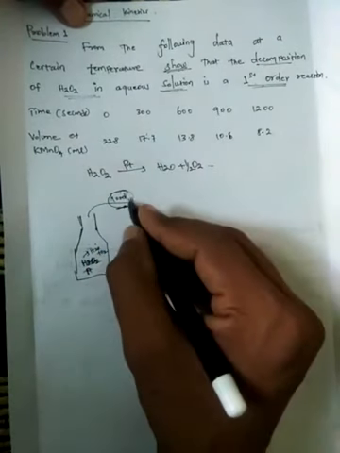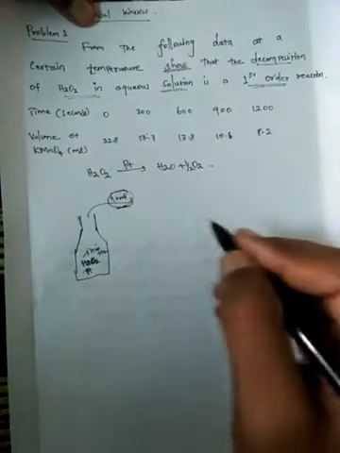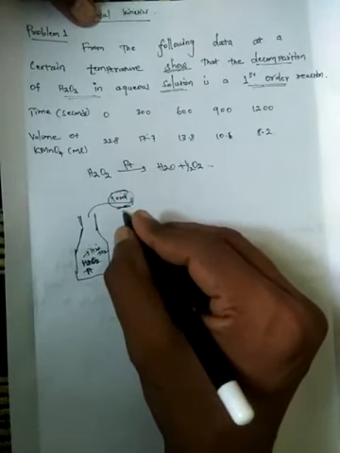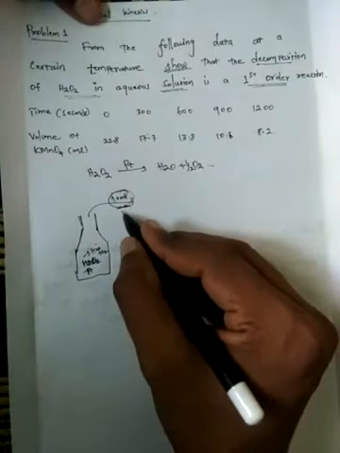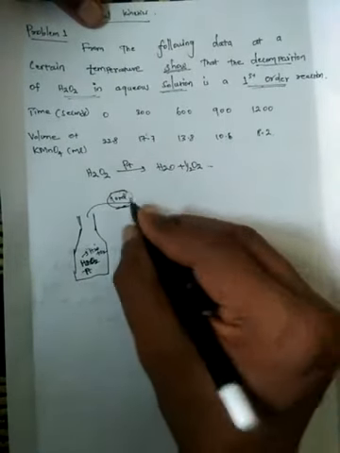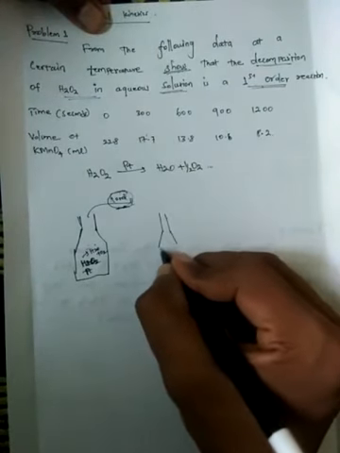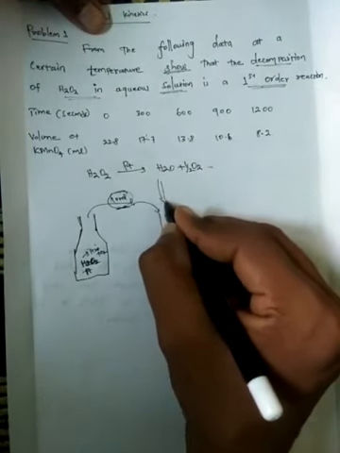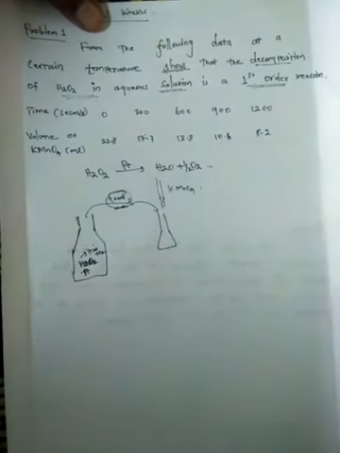Further, the reaction should not proceed when you take out this 10 ml of the reaction mixture at time, let me say, 0 time. Then the reaction mixture is taken into a conical flask, and this is titrated with the KMnO4 taken in the burette. So this is a simple experiment.